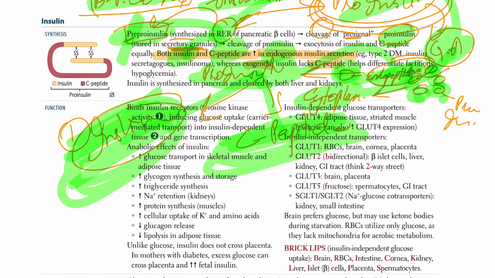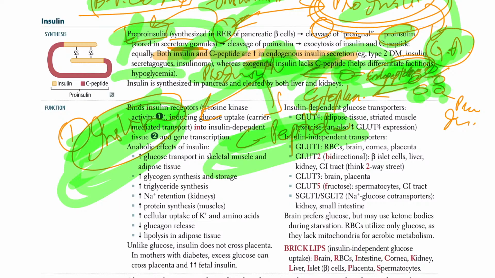So this is one of the things we can check clinically. If the insulin is high, either the C-peptide is high or not. If it is high, then say, okay, man, this is coming straight from the pancreas. But if there is just insulin without C-peptide, this helps differentiate factitious hypoglycemia, that someone is taking insulin from outside.